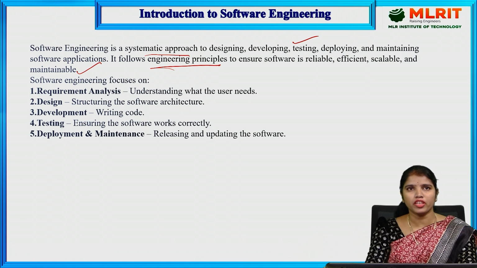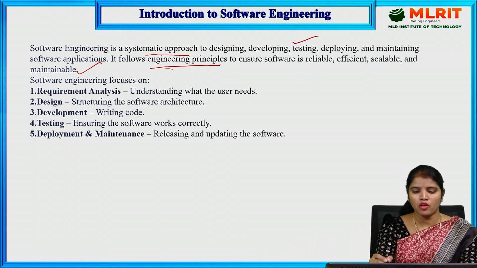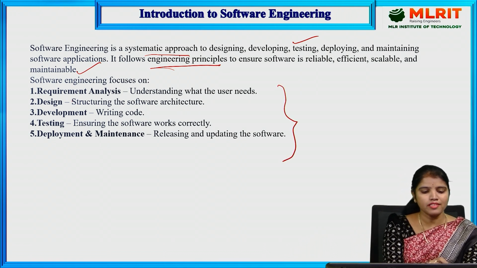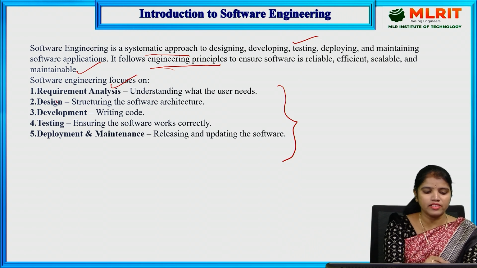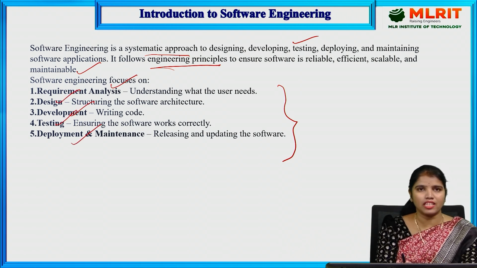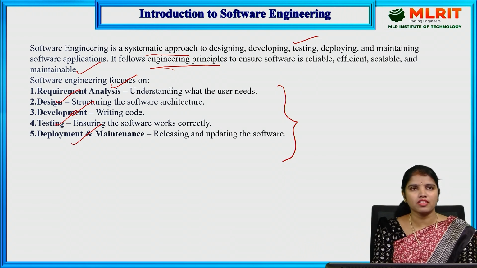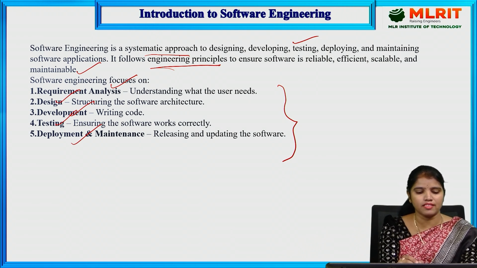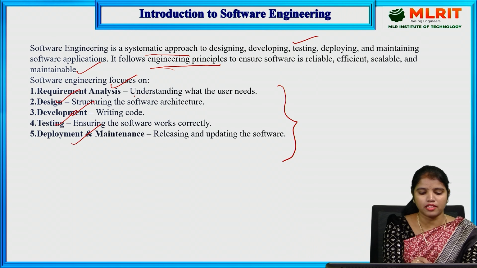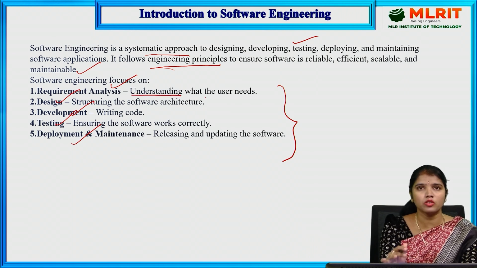Mainly, software engineering is focused on these 5 criteria: requirement analysis, design, development, testing, and deployment as well as maintenance. Now let us discuss what is requirement analysis. Requirement analysis is understanding what the user needs.